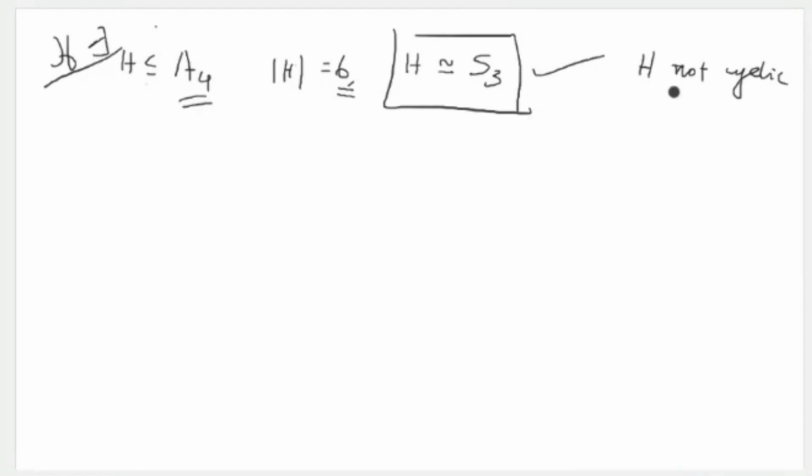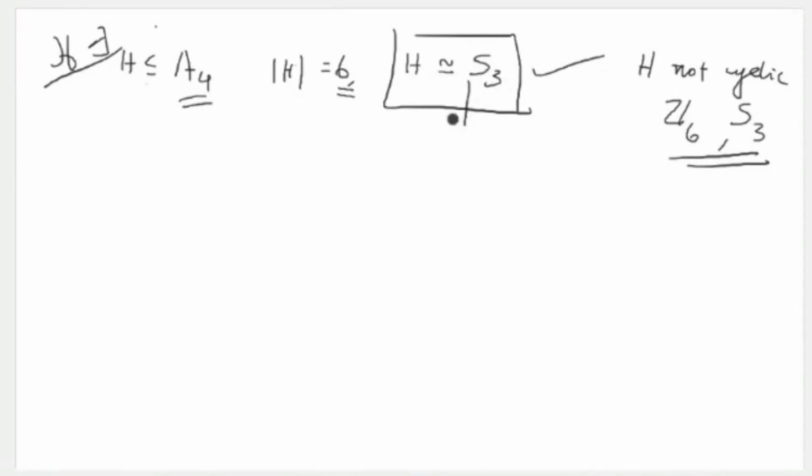So it is a non-cyclic group of order 6. Only two groups are there of order 6. One is cyclic and the other one is the non-cyclic, non-abelian group. These are the only two groups of order 6 up to isomorphism. So it cannot be isomorphic to Z6, so it should be isomorphic to S3.